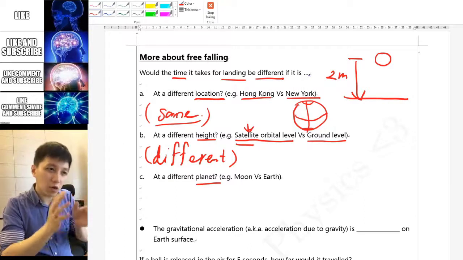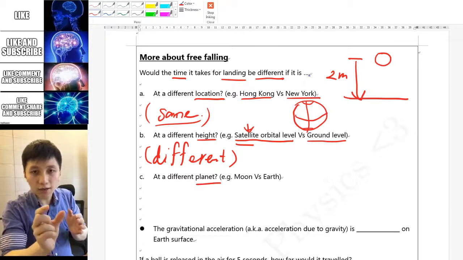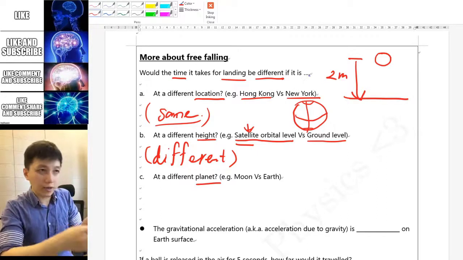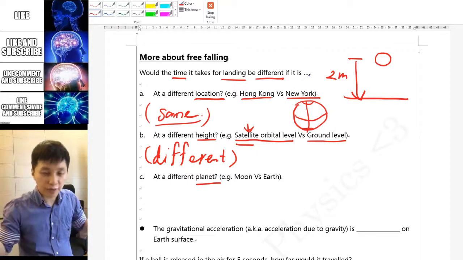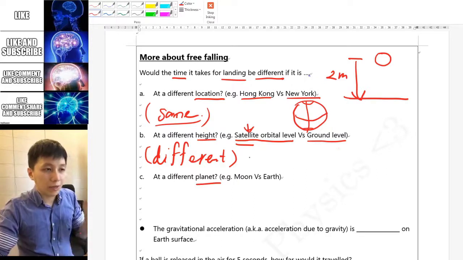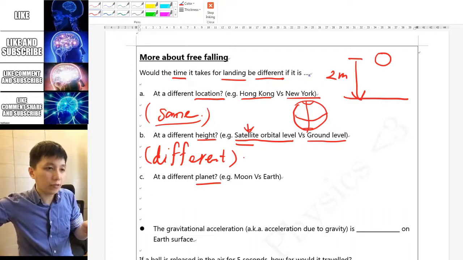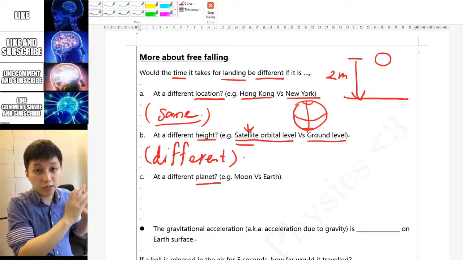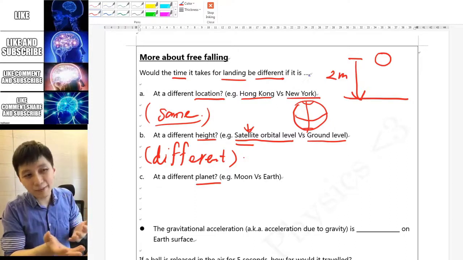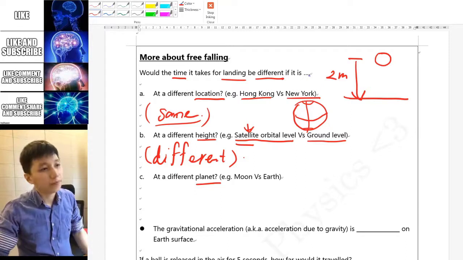Gravity is somewhat similar here, where when you put them closer, the force will be stronger. And if you're further away, then the force will simply be weaker. Okay, very common sense and very logical. So this is also why if you are further away from the Earth, then the gravitational force will be smaller, and therefore the time for you to travel will be longer because the force is smaller.